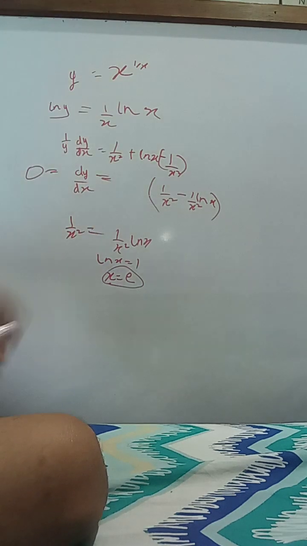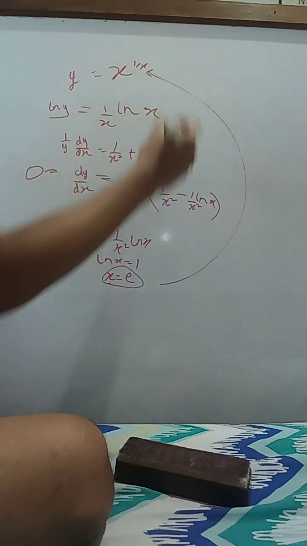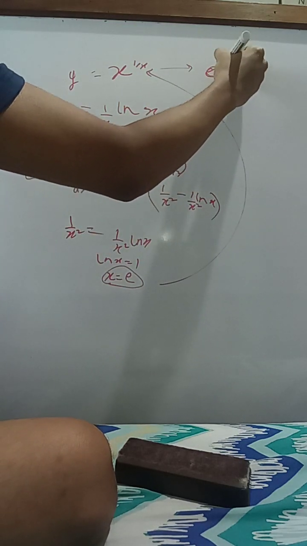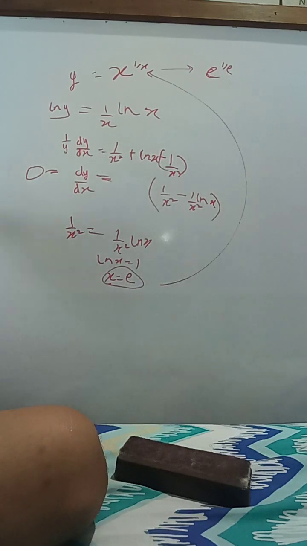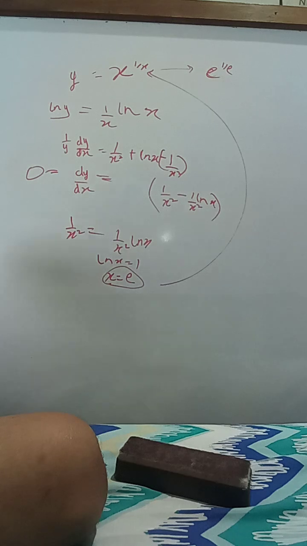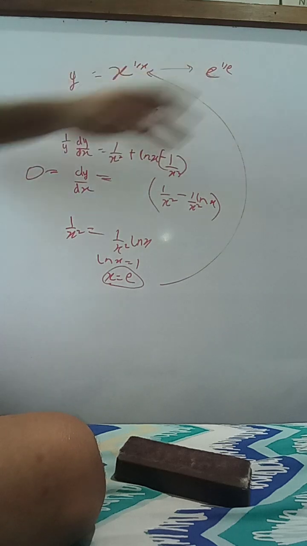Now if we put e here, we will get e raised to 1 by e. Now of course e raised to 1 by e is such a number which will give the greatest number of this series.